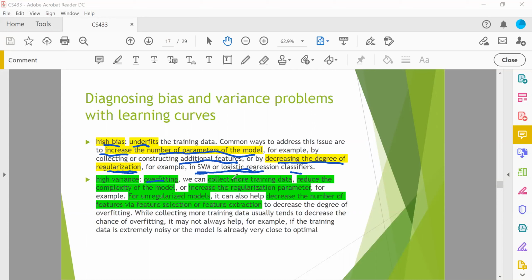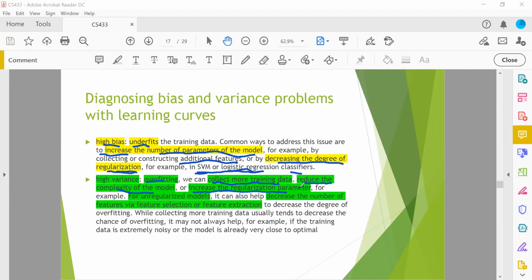One approach to solve the issue is to collect more training data. We can also do dimensionality reduction, to reduce the complexity of the model. We can also increase the regularization parameter.